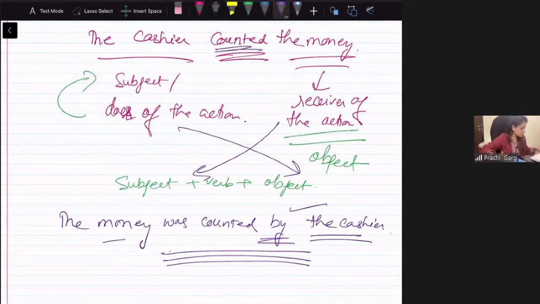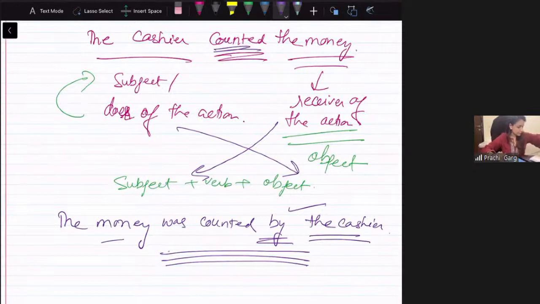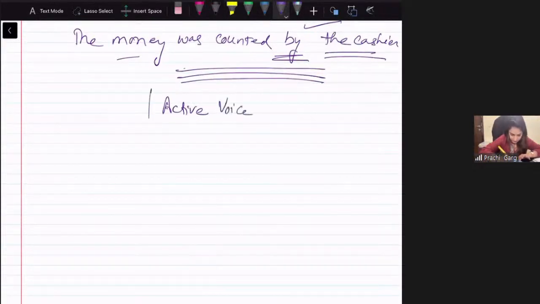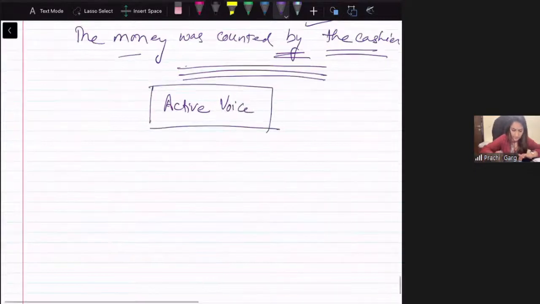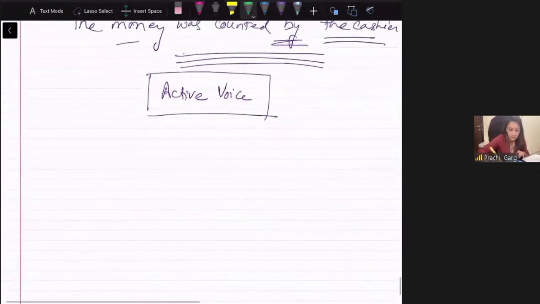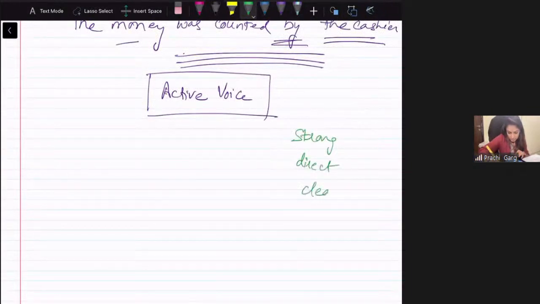Okay. Now let's just understand the active voice first. What are the rules and what all things go through when we change from active to passive voice? Now, when is active voice used? Active voice is used when you want to have a strong, direct, and clear tone. There's nothing confusing about active voice.